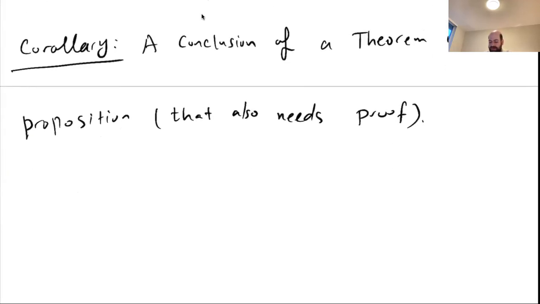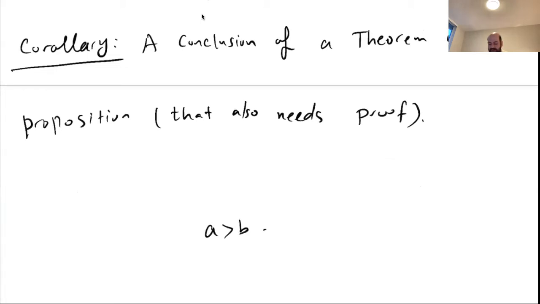For example, in pre-calculus, you saw that if A is bigger than B, then A plus C is bigger than B plus C. This one you call an axiom. Axiom means you don't need to prove it, you just accept it. But the number of axioms is very limited. In each topic in mathematics, we have only a few axioms, maybe 2 or 3, and then we can prove everything else using those axioms.